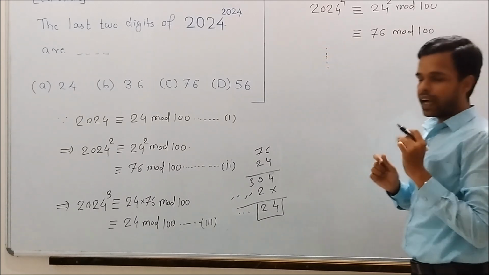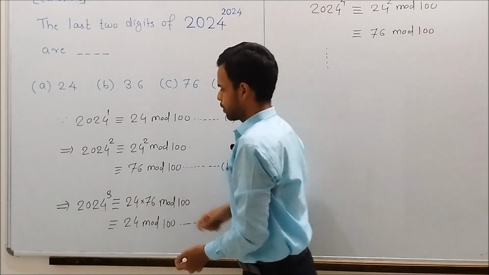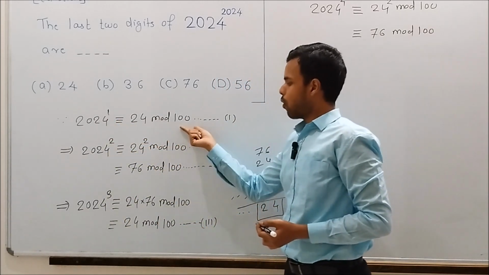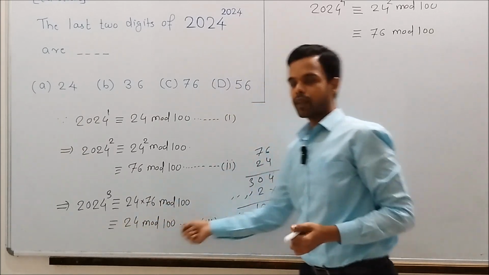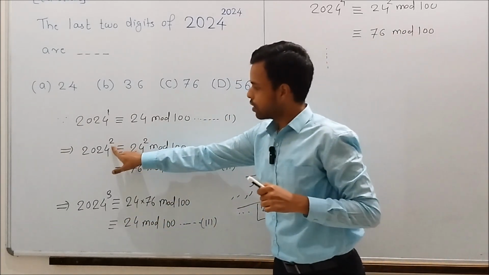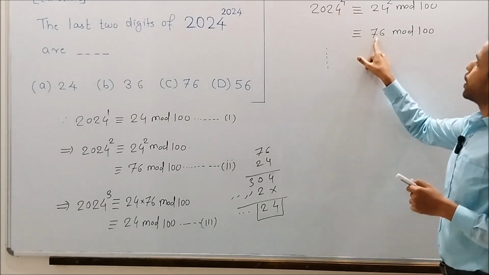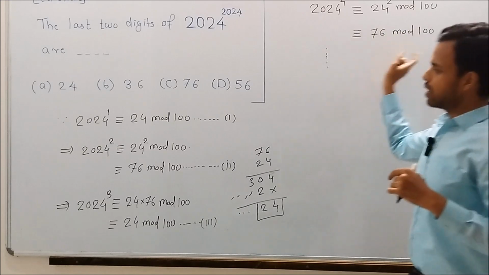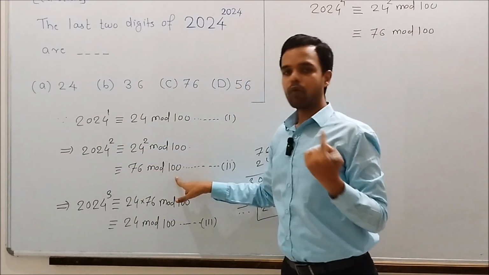So from here we see that whenever the power is odd, here the power is 1, here the power is 3, it is congruent to 24 mod 100. And whenever the power is even, it is congruent to 76 modulo 100.